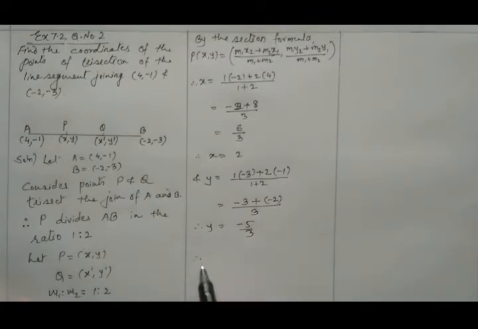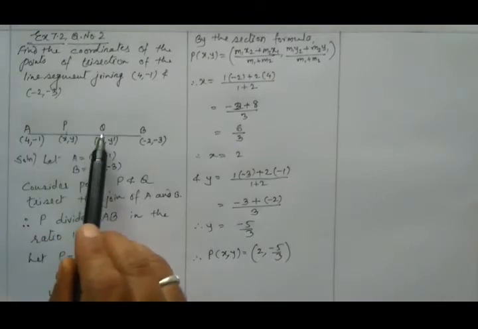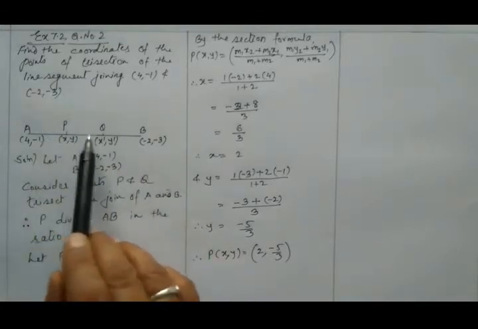So therefore coordinates of P, x comma y, are 2 comma -5/3.